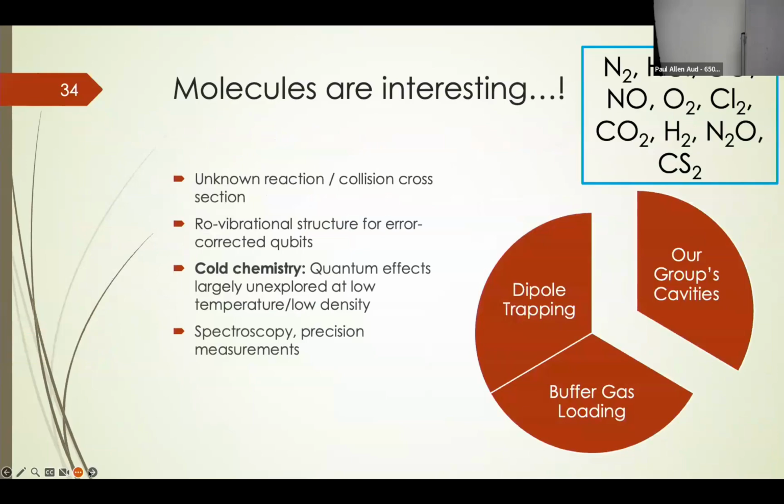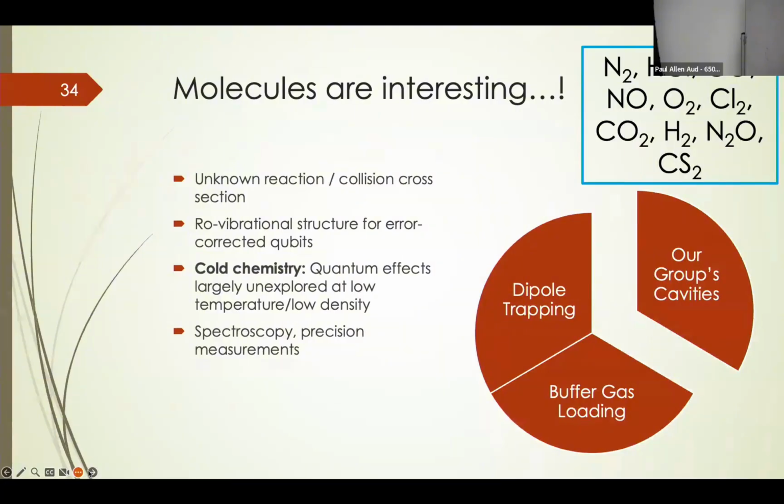Molecules, as many of you know better than me, are interesting objects to trap. I will just cite these reasons. The reaction and collision cross-sections under conditions of low temperature and low density between many molecules are unknown. The rovibrational structure is complicated, and that means rich and interesting.